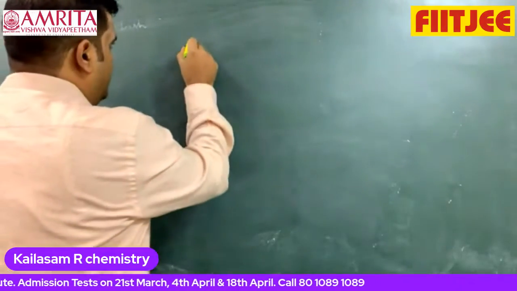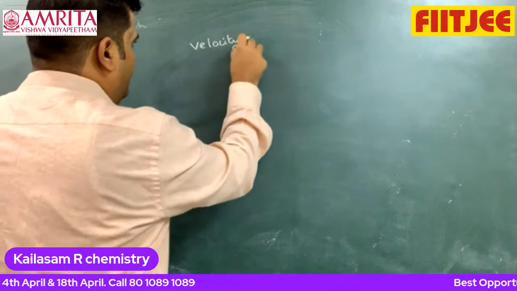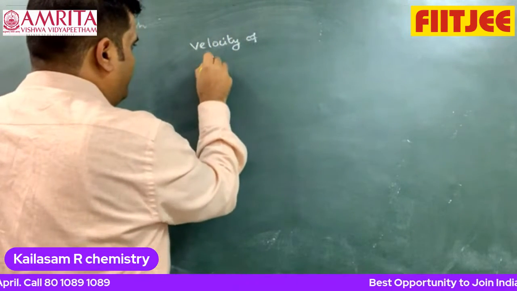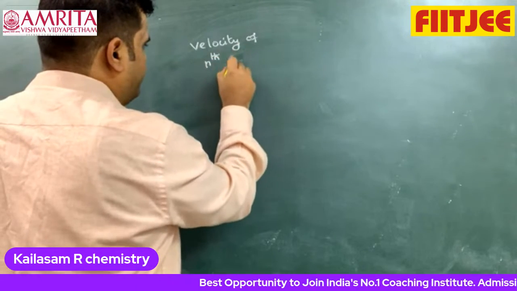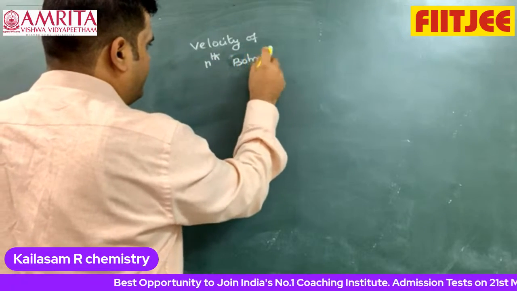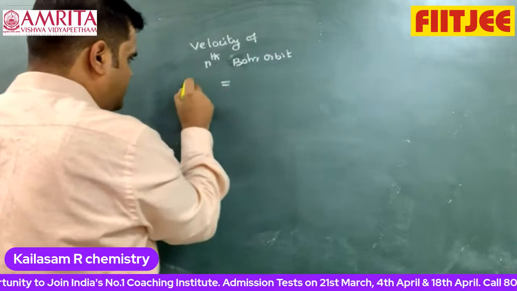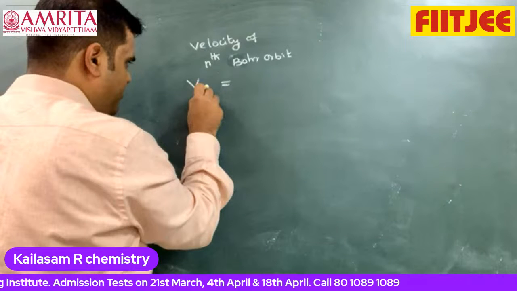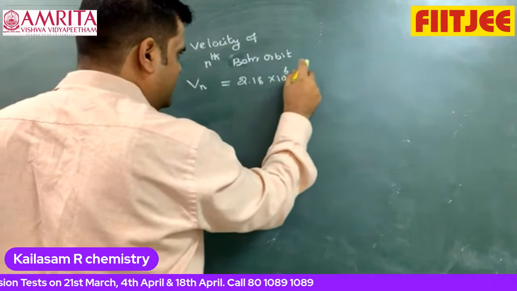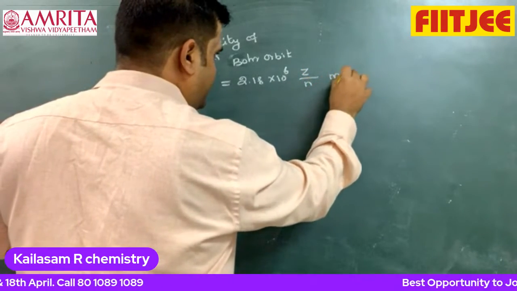Listen. I can write the velocity of the nth Bohr orbit as Vn is equal to 2.18 into 10 power 6 Z by n meter per second.